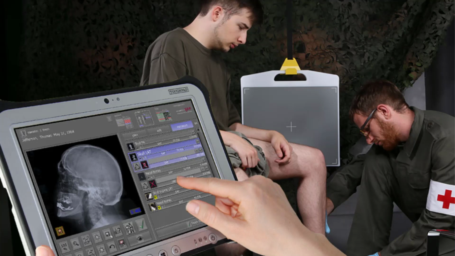Generally speaking, the military training for radiologic technologists is excellent, and most of the radiologic technologists do end up with certifications. Not only certifications, but licensures and advanced certifications.